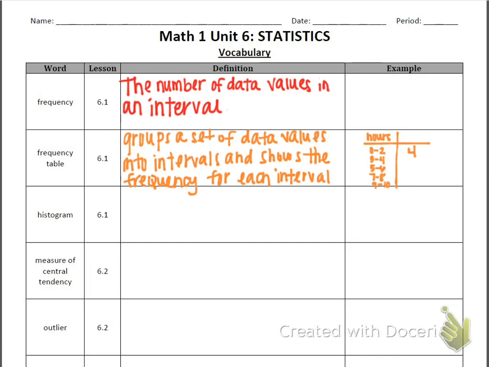Let's say 6 students study 3 to 4 hours. Let's say 6 students study 5 to 6 hours. 4 study 7 to 8 hours, and 3 study 9 to 10 hours a week. So then we would label that frequency.